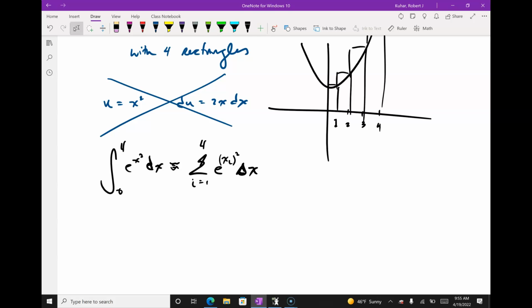And you can clearly see, so what is delta x? Well, it's 4 minus 0 over 4, so it's 1. And you can see the base of each rectangle is 1, right?